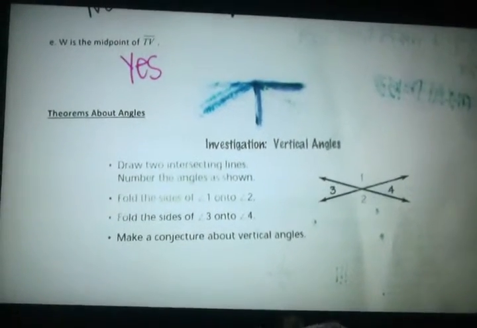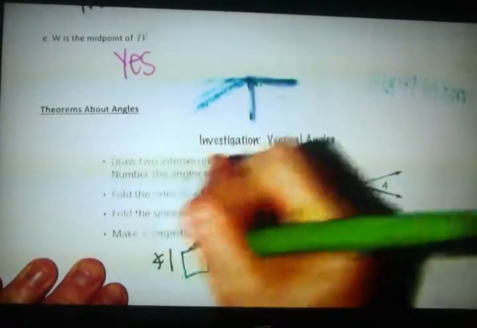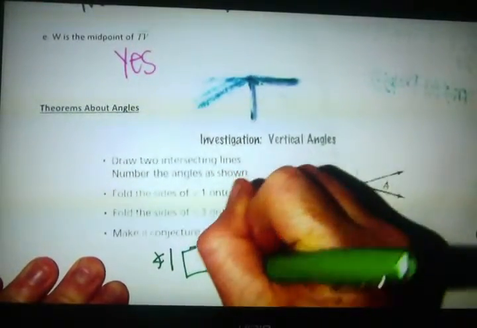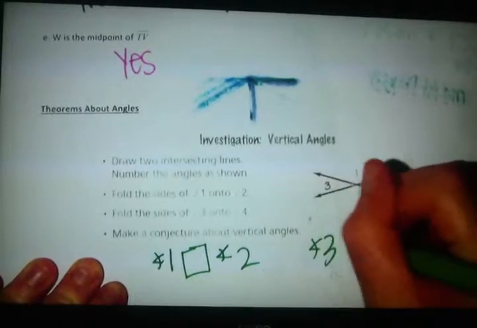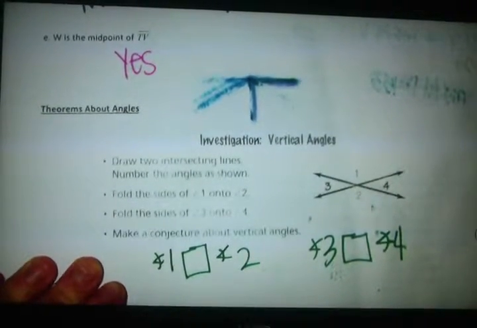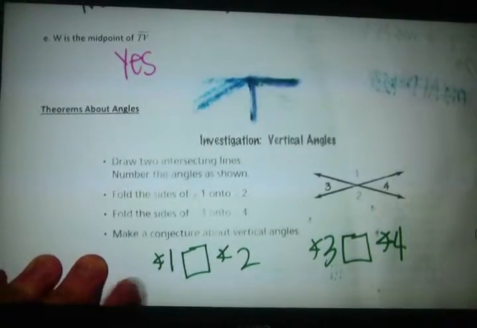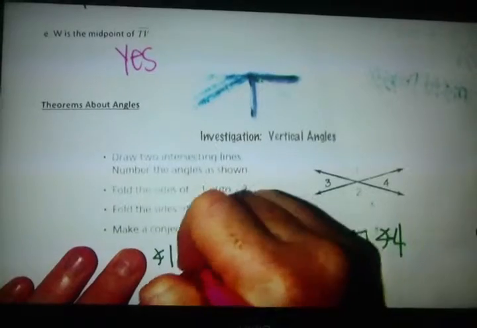Okay, so make a conjecture about vertical angles. Alright, let's see. Angle 1, fill in the blank, angle 2. Alright, angle 3, fill in the blank, angle 4. Thinking about the fact that we could fold the paper and get the same exact angle out, right? Well, what goes in the blank is that they're congruent.